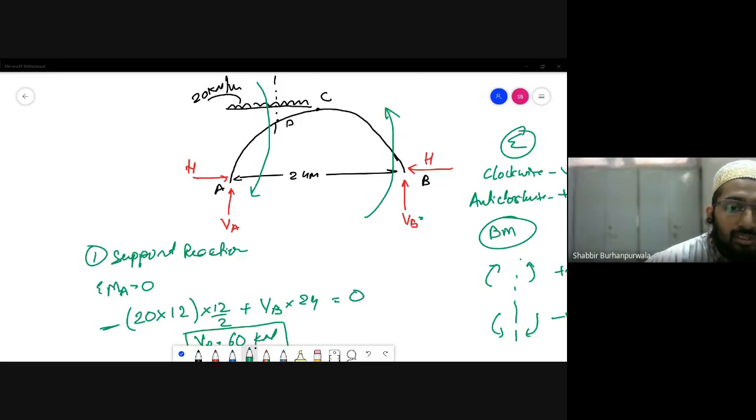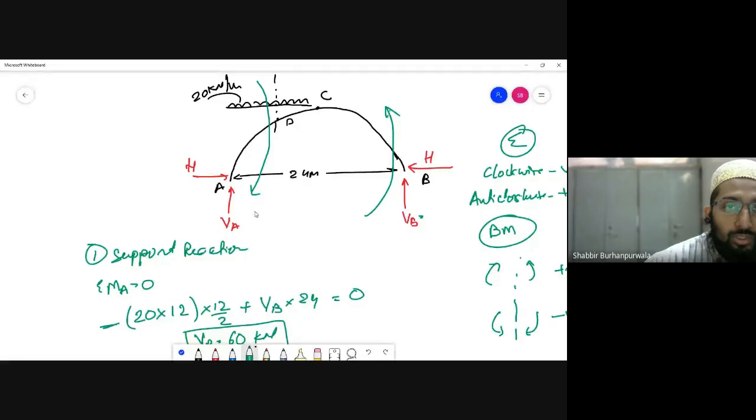When we are using the UDL to determine the moment, we are not actually taking the complete UDL. We convert the UDL into a single point load, which is 20 multiplied by the distance 12.